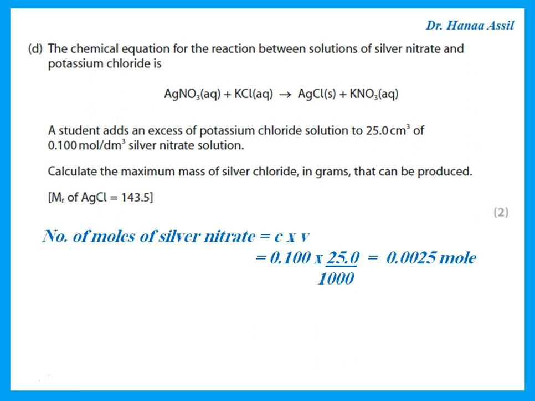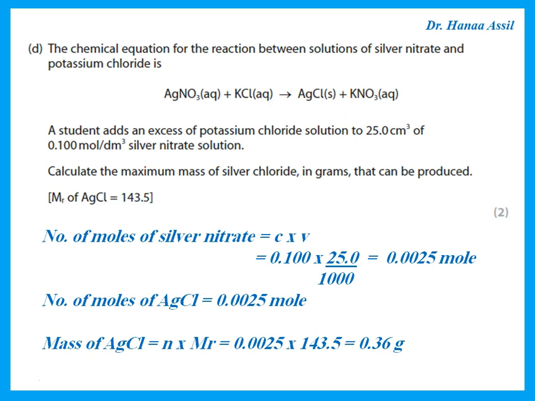What is he asking about? He's asking about silver chloride. Well, obviously from the equation, the number of moles of silver chloride is the same as the number of moles of silver nitrate. Now he wants mass of silver chloride. Mass is number of moles times Mr. So multiply by the Mr of silver chloride, and that gives me a mass of 0.36 grams.